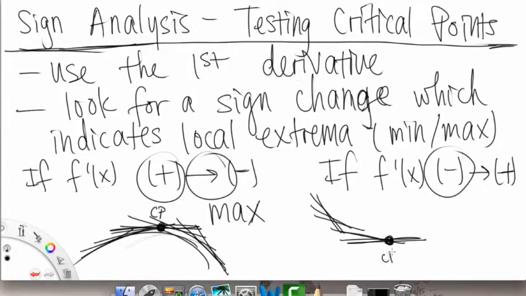We're at a critical point here, and then it turns out to be positive as we continue. It's positive, positive, positive, and at this point we're drawing an upward U. So this therefore is a local minimum. We just found out that a minimum occurs when our first derivative changes signs from negative to positive.